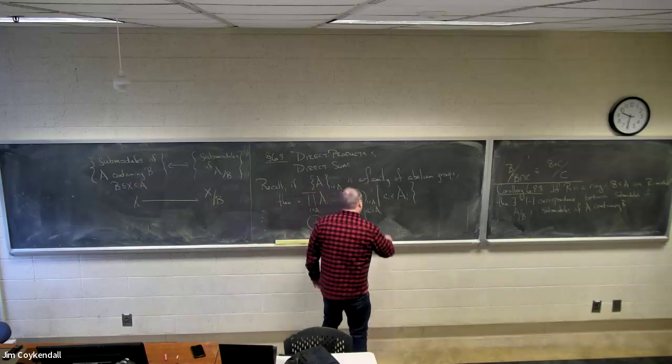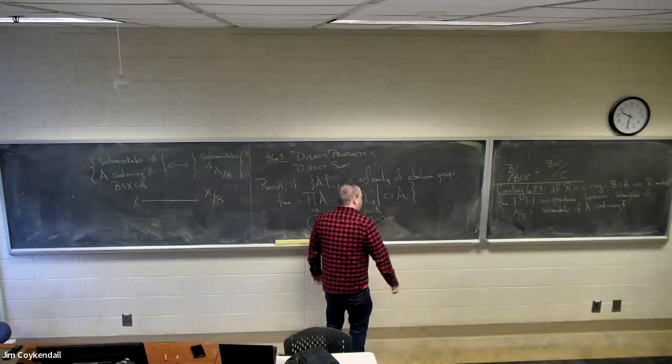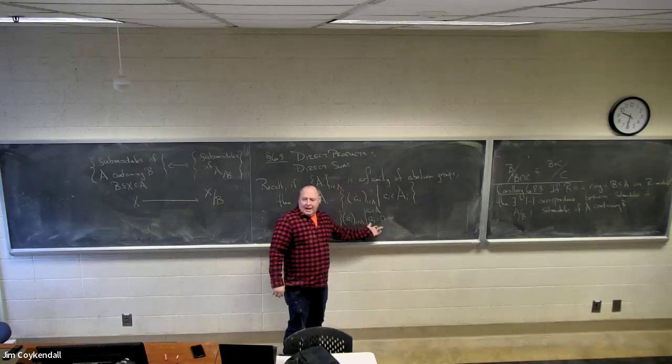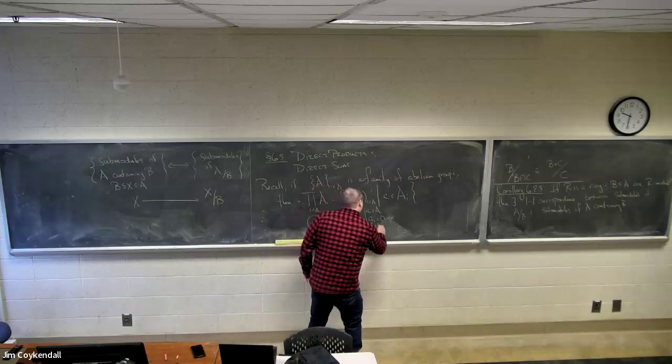Right. The a_i are zero almost everywhere. And when I say almost everywhere, I mean algebraically almost everywhere, and not analyst almost everywhere. This means all but finitely many.